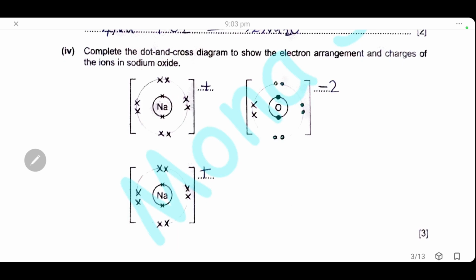The total number of electrons in each sodium ion will be 10, arranged 2 in the first shell and 8 in the second shell. These 2 electrons lost from 2 sodium atoms will be gained by 1 oxygen atom to form an oxide ion with a charge of 2 minus. Remember that these 2 electrons will have the cross symbol because they come from the sodium atoms.